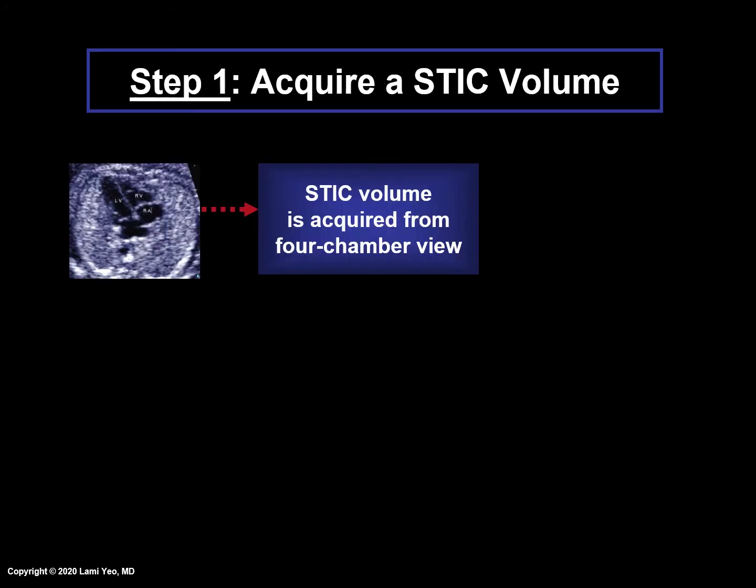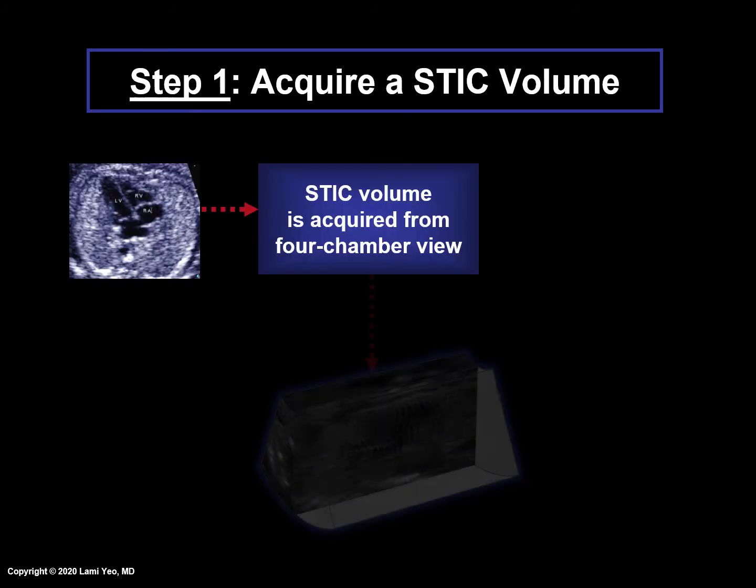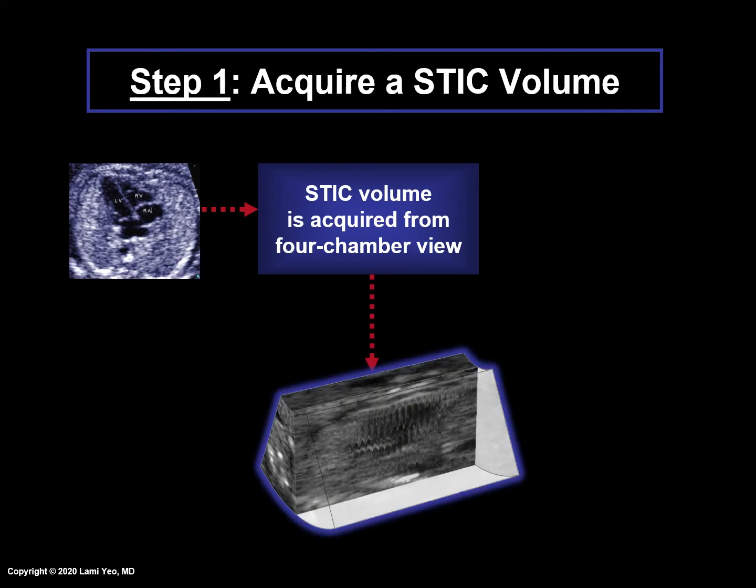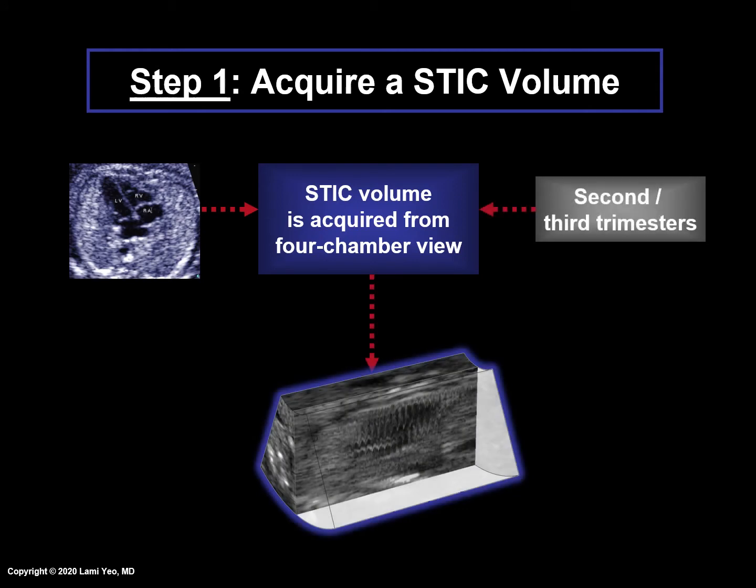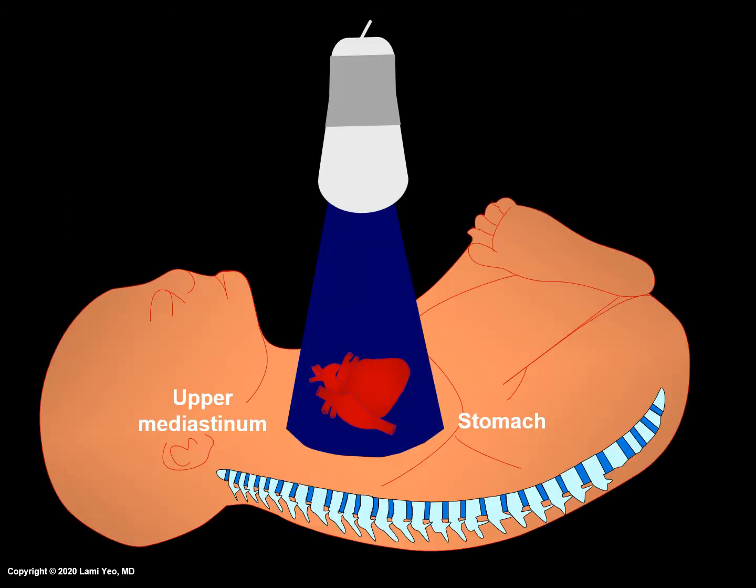We recommend that this be acquired from the 4-chamber view and within the 2nd and 3rd trimesters. With the 4-chamber view as the acquisition plane and applying appropriate settings, the volumetric ultrasound probe should automatically sweep from the fetal upper mediastinum down to the stomach in a vertex presentation.